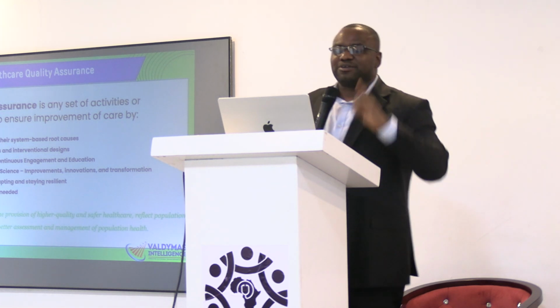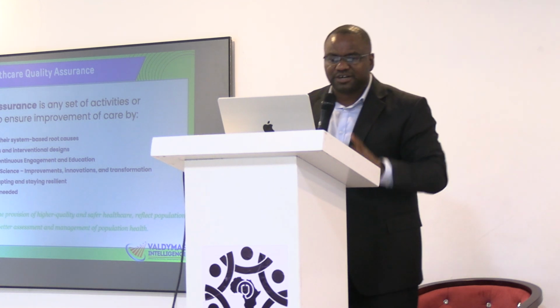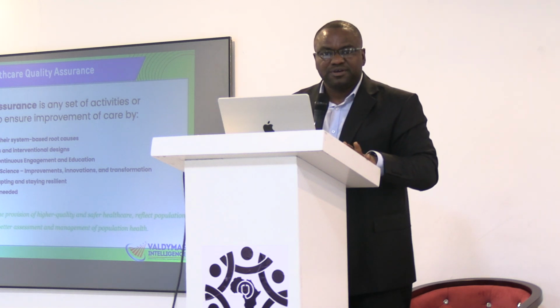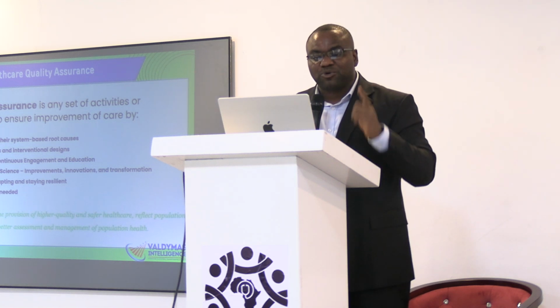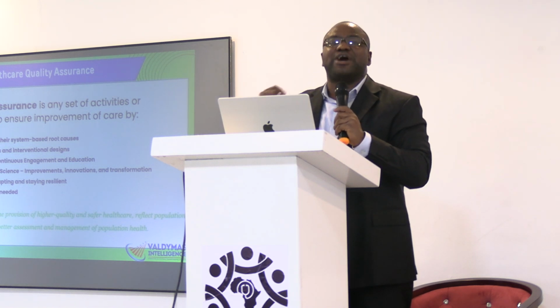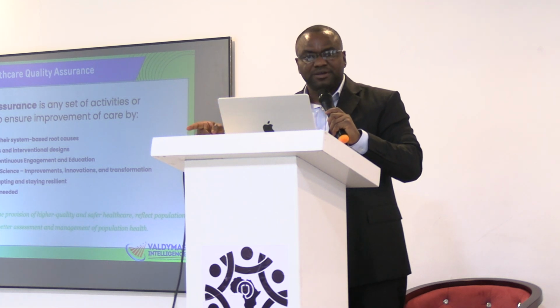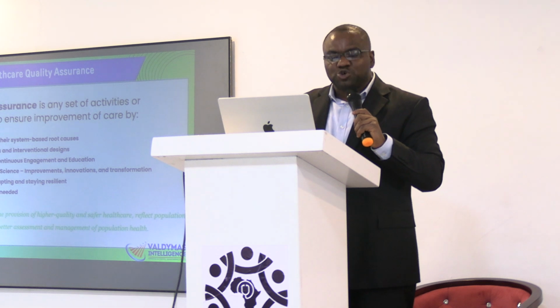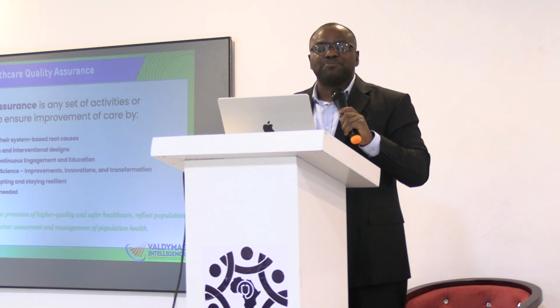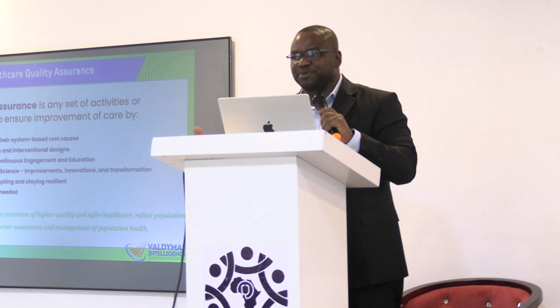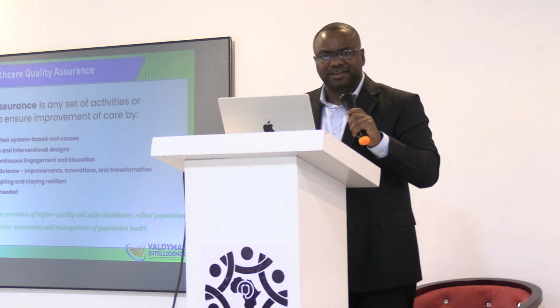Number three is that your quality assurance tool must foster integration by continuous engagement and continuous education. You must be able to create tools that will make you know that, okay, it's time for an advocacy visit. Okay, it's time for training and capacity development. You must be able to create tools that would help you adopt implementation science, that will drive improvement, drive innovation, drive transformation. A popular tool like this is the PDCA.